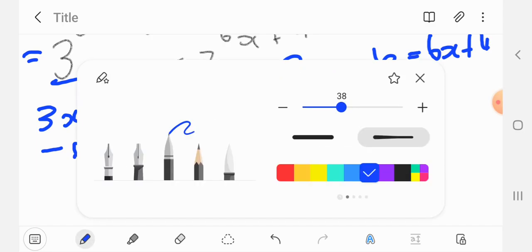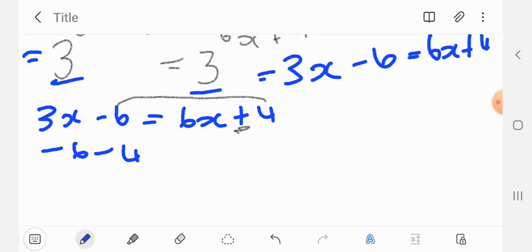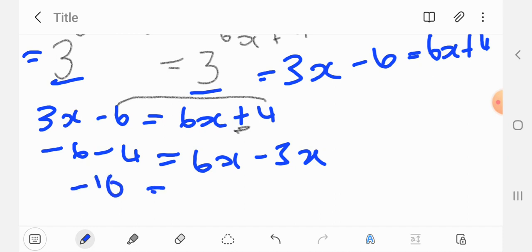That's what happened there. And 6x was still positive, so we have 6x minus 3x. So negative 6 minus 4 gives us a negative 10, and then, it's not 6, sorry, it has to be 8.